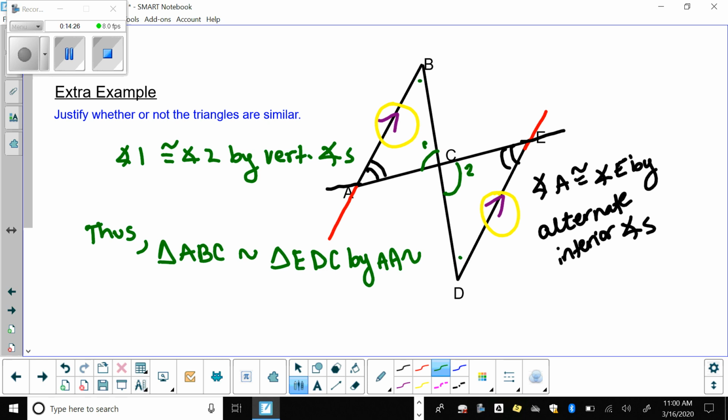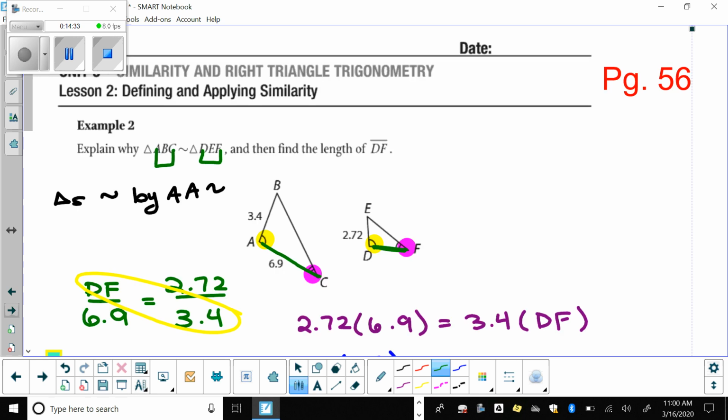In all honesty, there are probably 2-3 different ways you could prove these triangles are similar. All right, this takes us to page 56, example 2.